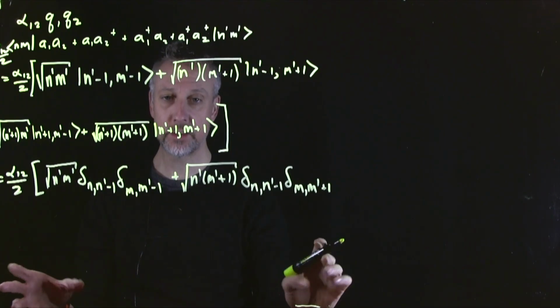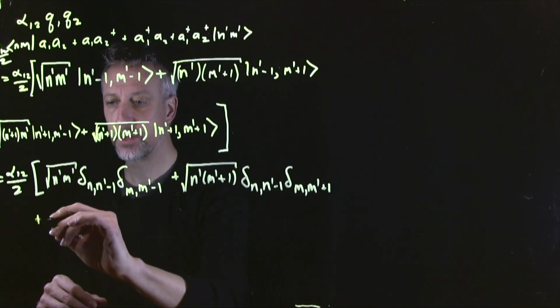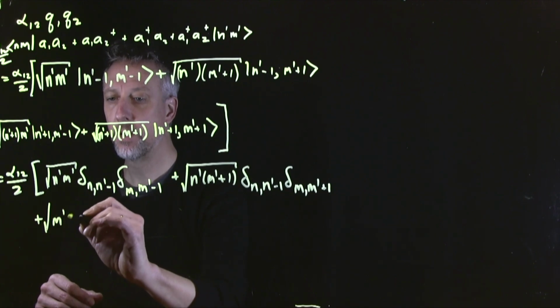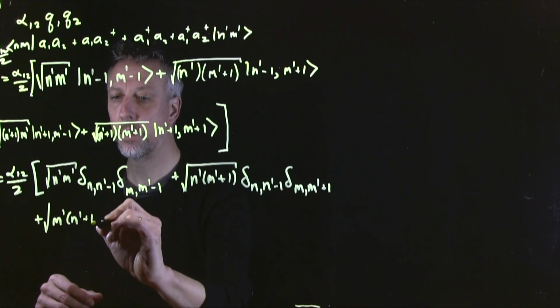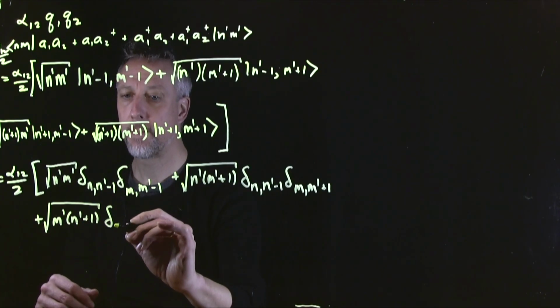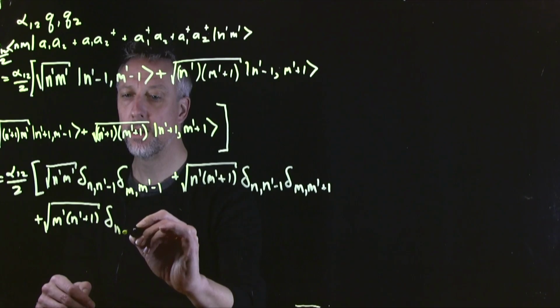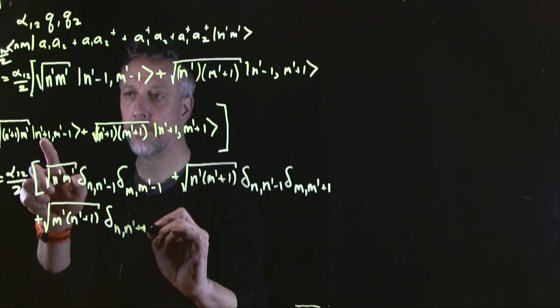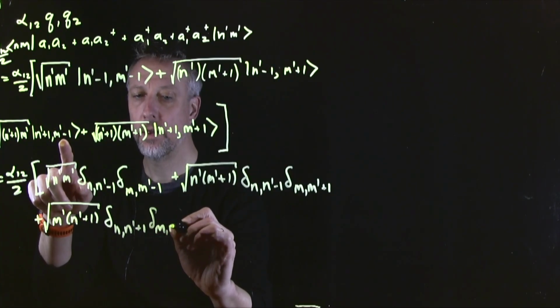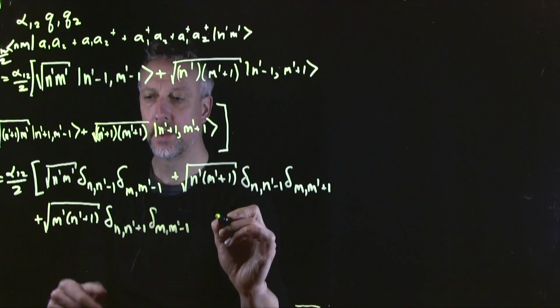This is very tedious, and it's really hard to do it without screwing up. All right, the next one is M', N' plus 1, delta N, N' plus 1, and delta M, M' minus 1.